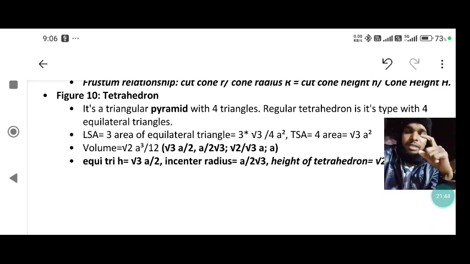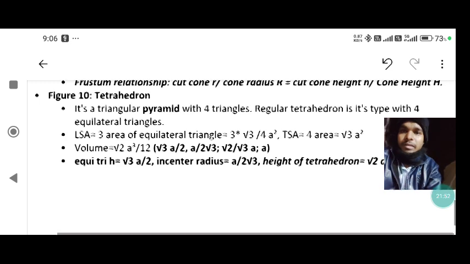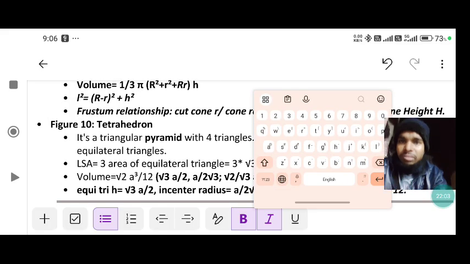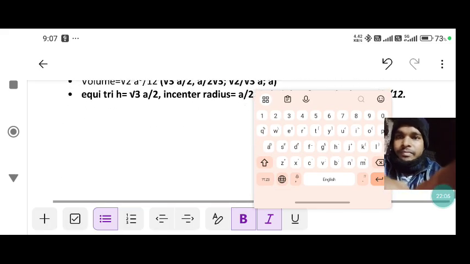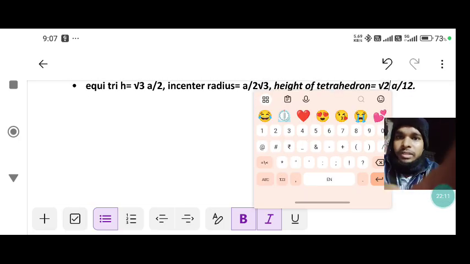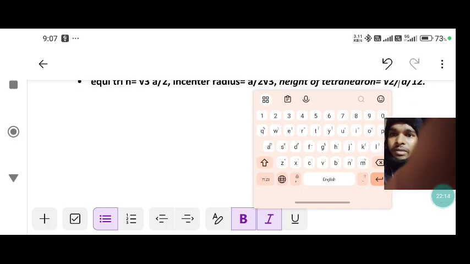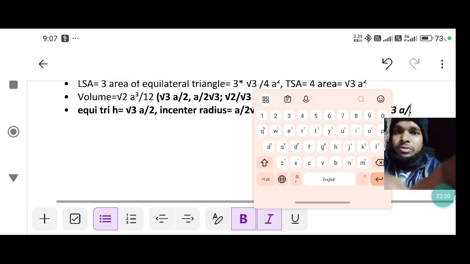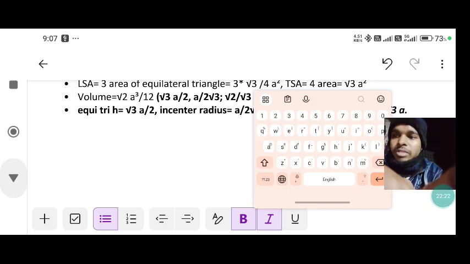So the height of the tetrahedron can be calculated, and it will be root 2 by root 3 a.